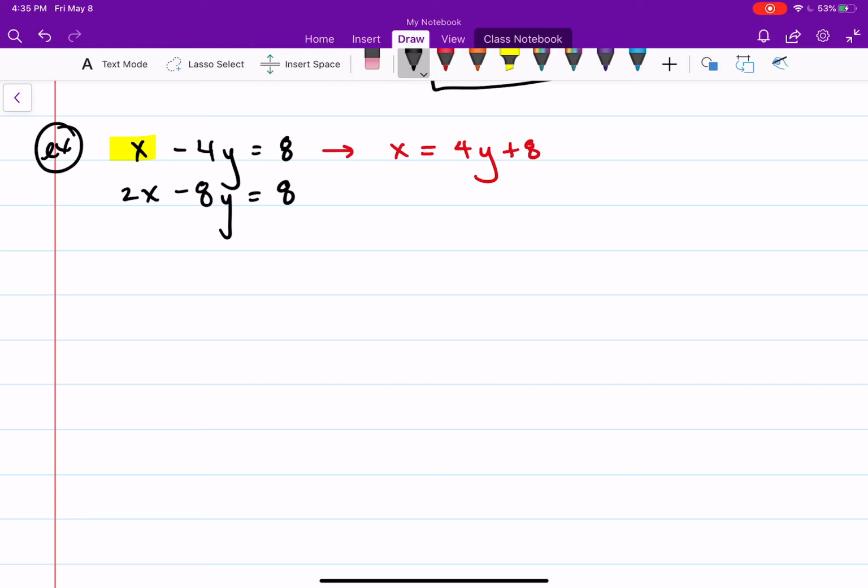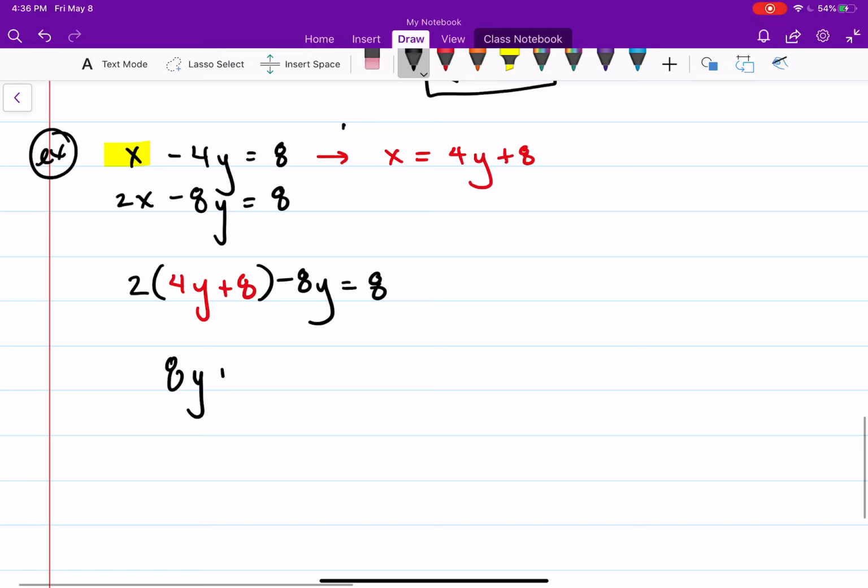Then I plug it into the bottom one: 2 times (4y plus 8) minus 8y is equal to 8.